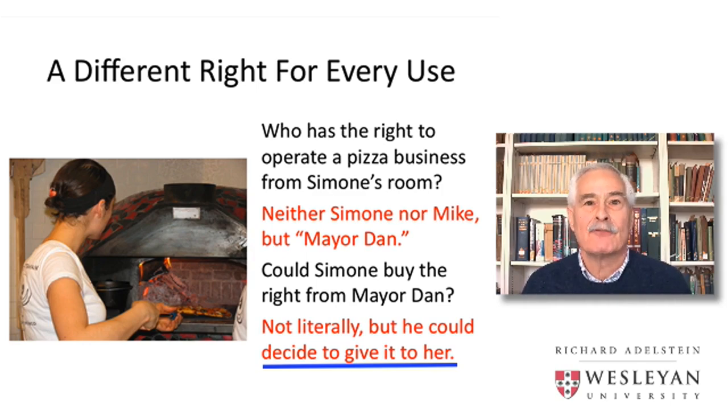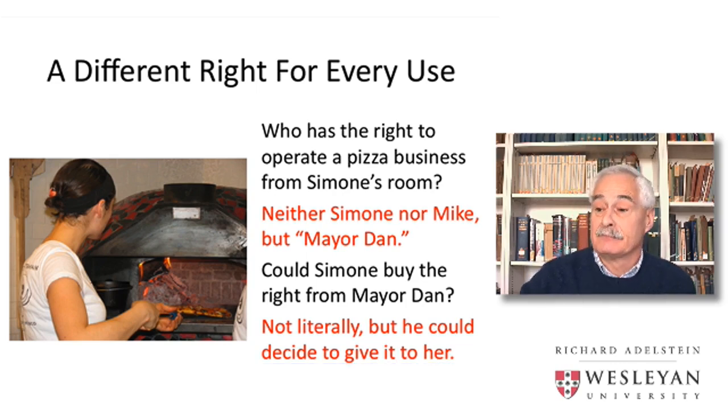That is, it can forbid anyone, including Mayor Dan himself, from entering Simone's room to operate a pizza business, but the Planning and Zoning Commission, Mayor Dan, may decide, for whatever good reasons it might have, to allow people to do so. Since they get the say-so, they're the ones who hold the property right. Now we have three owners of different property rights in Simone's room: Simone, Mike, and Mayor Dan.